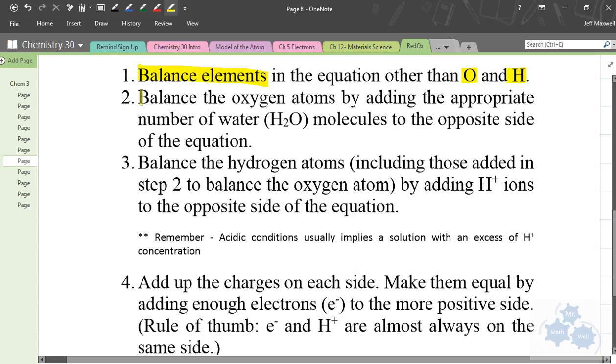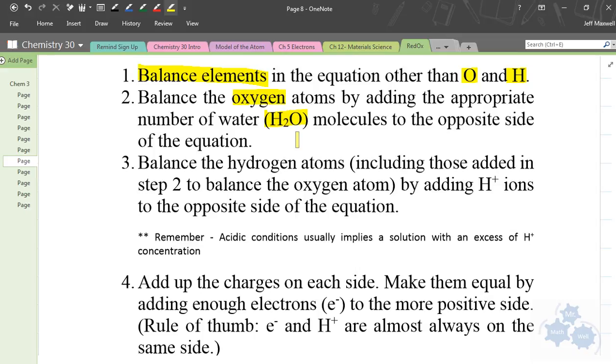Step 2: balance oxygen atoms by adding the appropriate number of water molecules. Here we go. This is where it starts to get a little bit different. If I have 2 oxygens on one side and 1 oxygen on the other side, I add a water to balance the oxygens. Can't just add an O, but we do have water molecules available in the solution, so that's what you do.